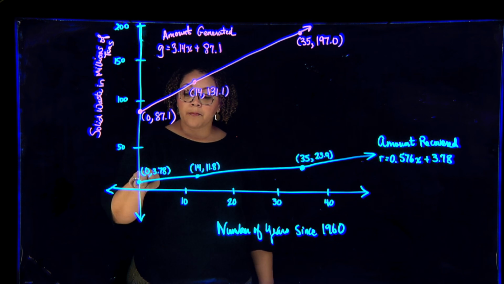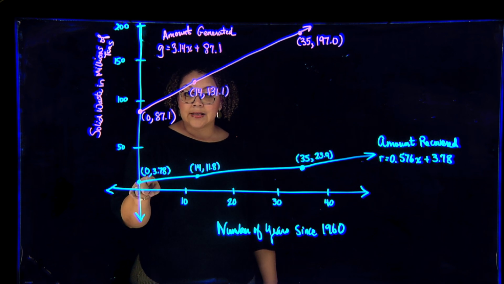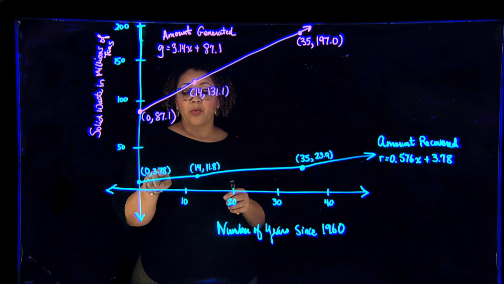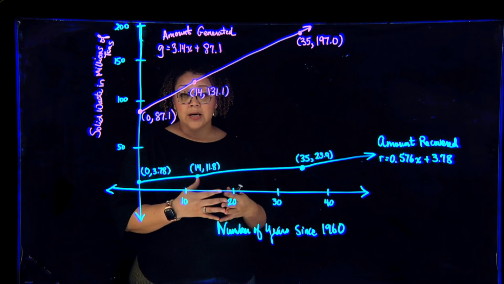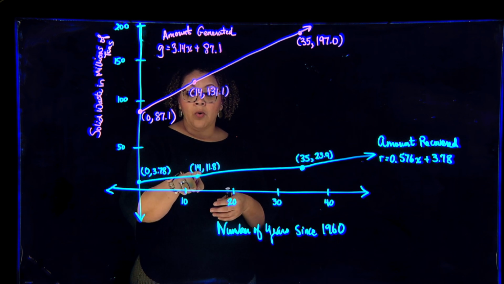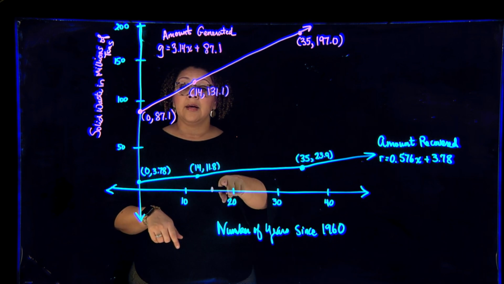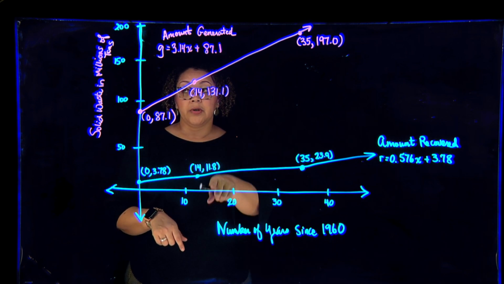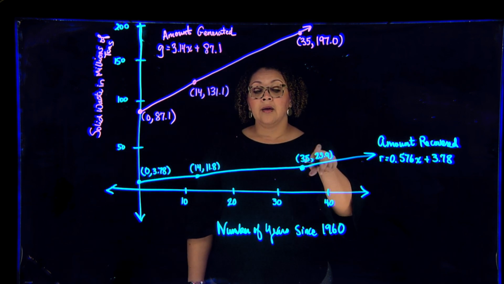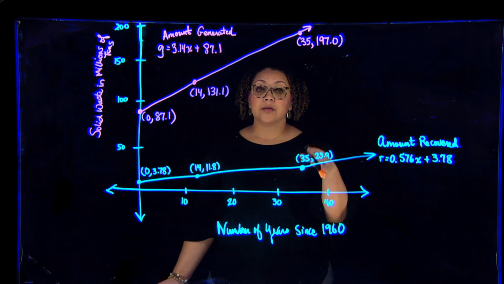This ordered pair of 0, 3.78 is saying in 1960, which is what we've correlated to 0, 3.78 million tons of waste was recovered. In 1974, because the y value of my ordered pair is 11.8, that means 11.8 millions of tons were recovered. And in 1995, there were 23.9 millions of tons of waste recovered.